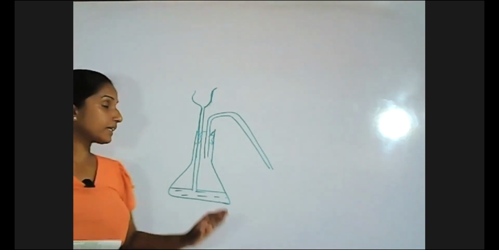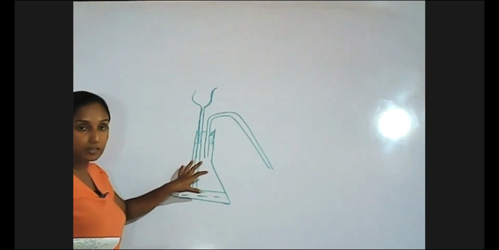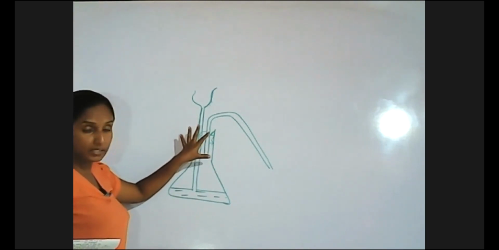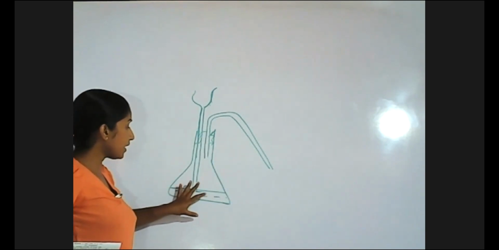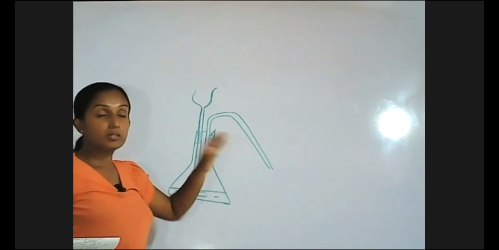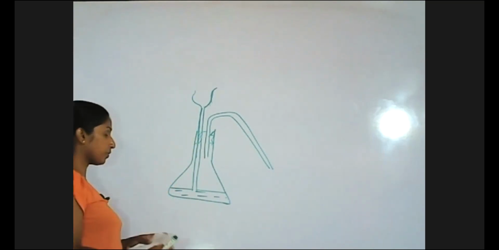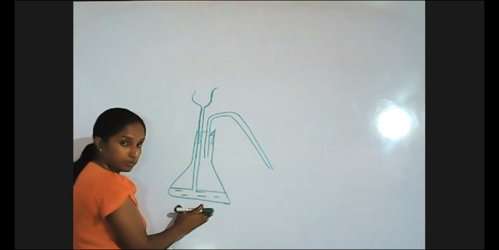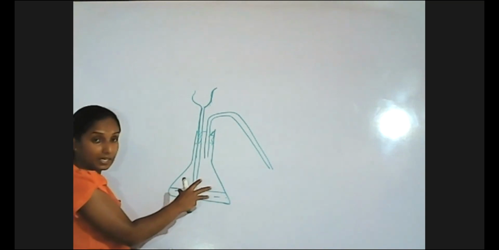And we can collect a sample of carbon dioxide gas with more purity. And also we can collect a sample of carbon dioxide gas in a short period of time, because when the conical flask is small, the area inside the conical flask is less.